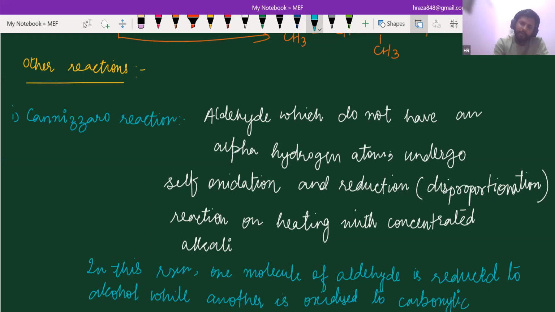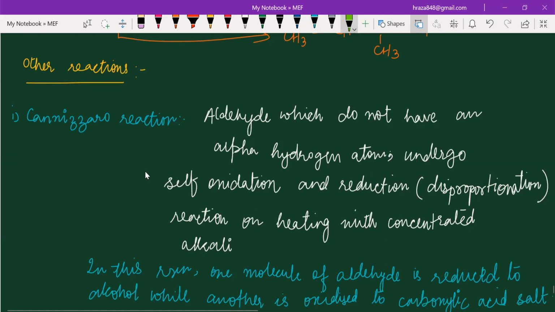Carboxylic acid salt. Please do it. Then I will explain the reaction. And then we will move on.